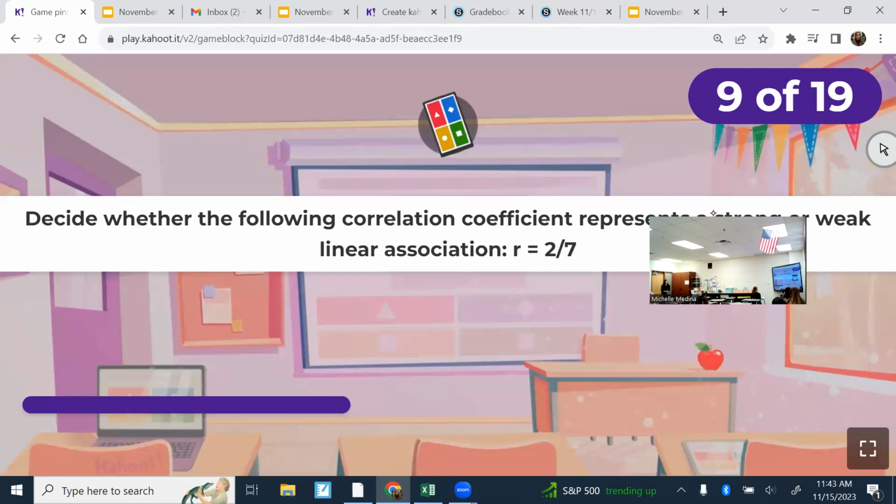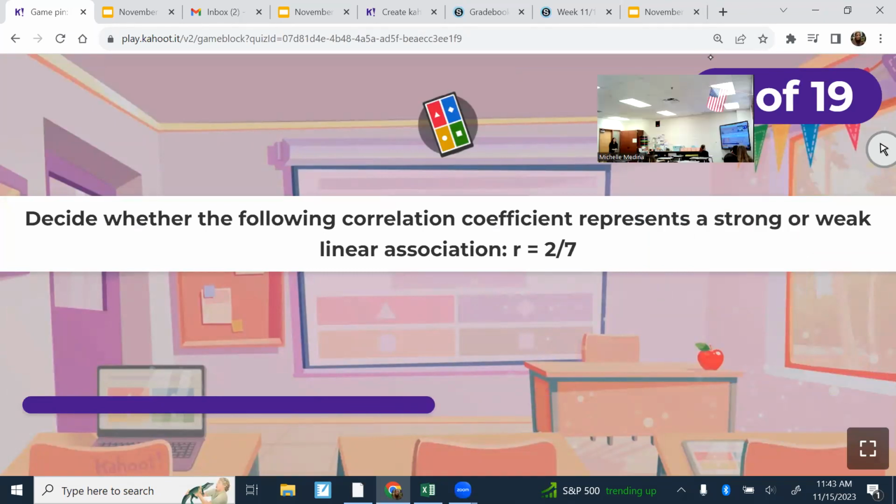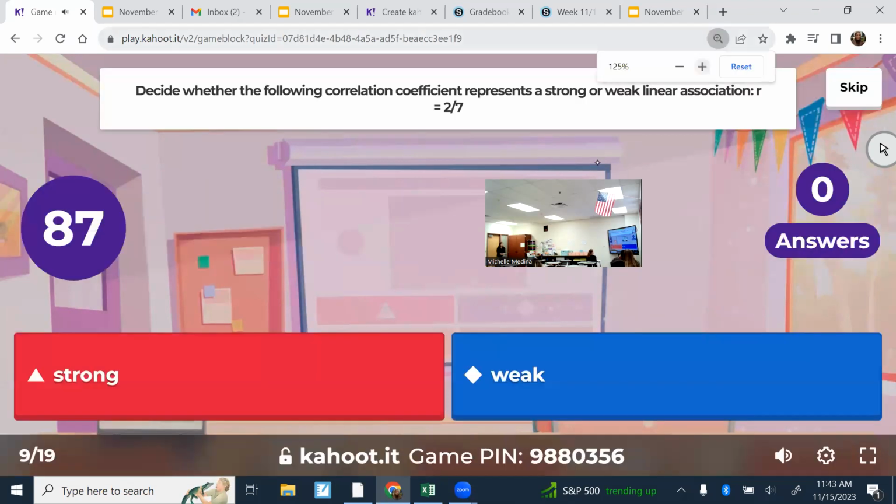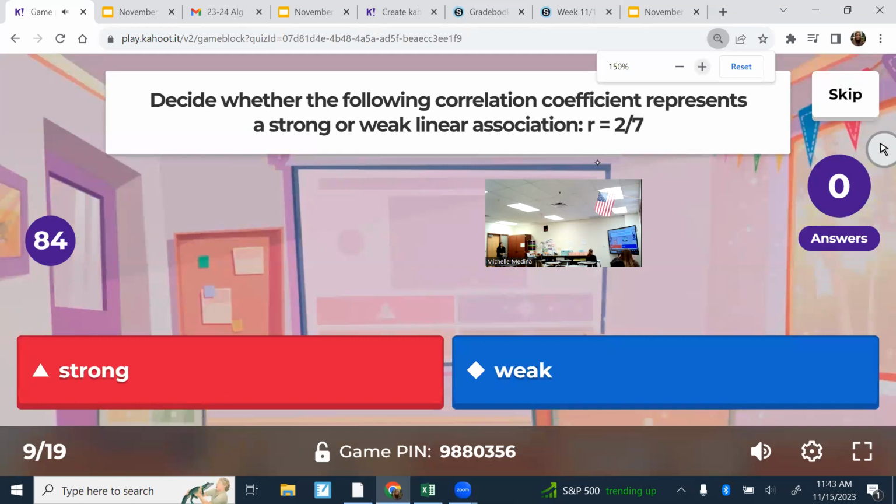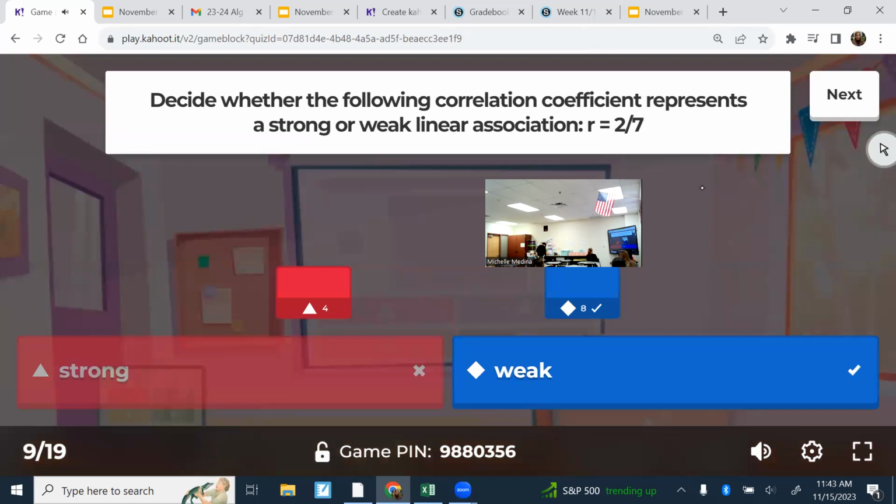Okay, decide whether the following correlation coefficient represents a strong or weak linear association. The value is 2/7. Would that be a strong or weak linear association? Okay, so 2/7.